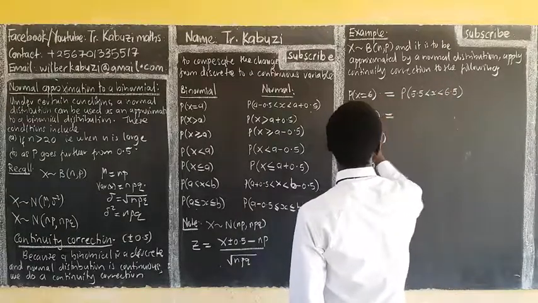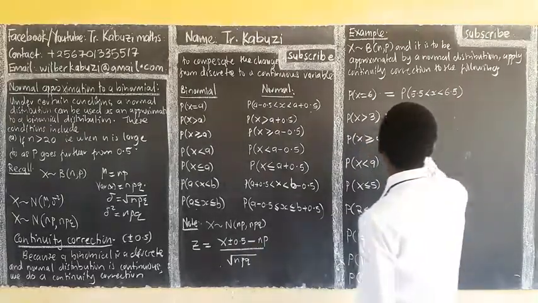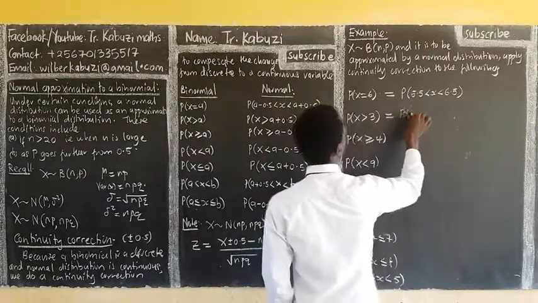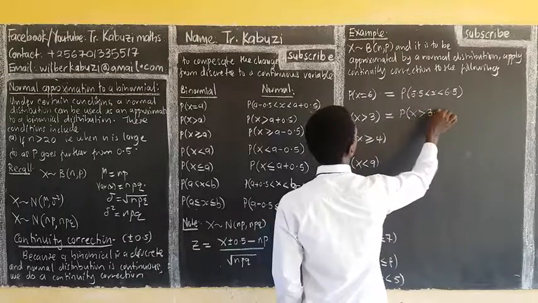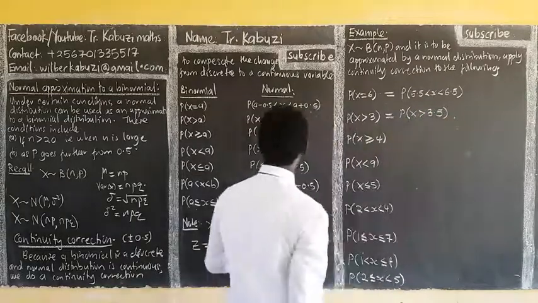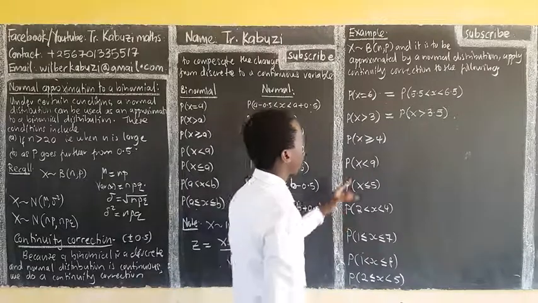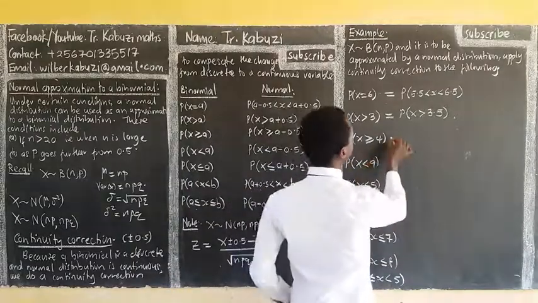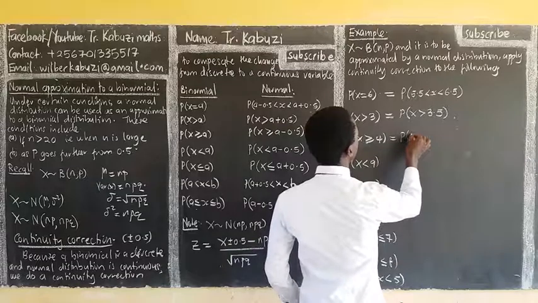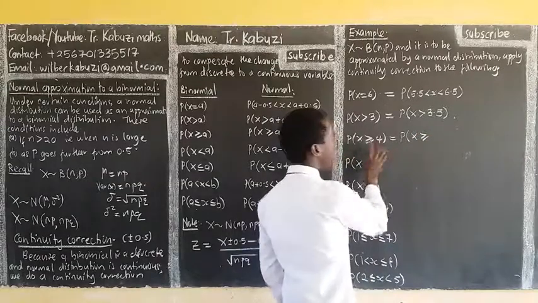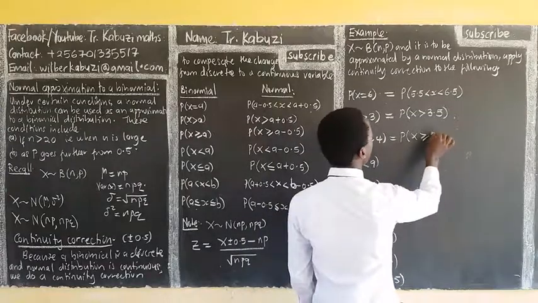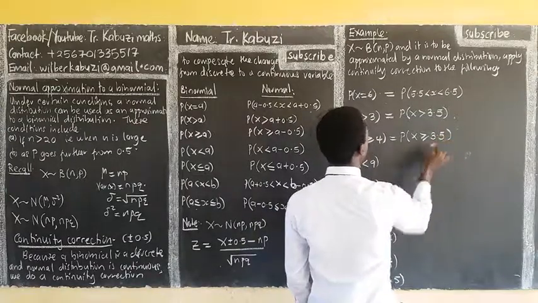Now this one, it's greater than 3. So if it's greater than 3, what happens? We are adding 0.5. Greater or equal to, we subtract. Now we subtract here 0.5, we get 3.5.